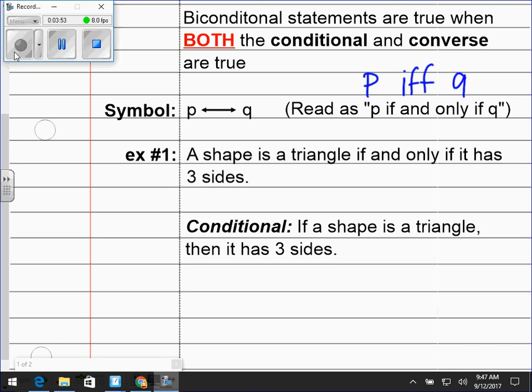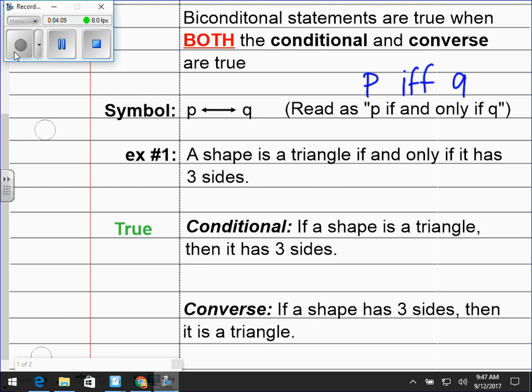All right, so now is this conditional a true statement or a false statement? This is a true statement. Every triangle has 3 sides, okay? Now once we pull the conditional out of there, we need to also come up with the converse. Remember, you just switch it to get the converse. So the converse is if a shape has 3 sides, then it is a triangle.